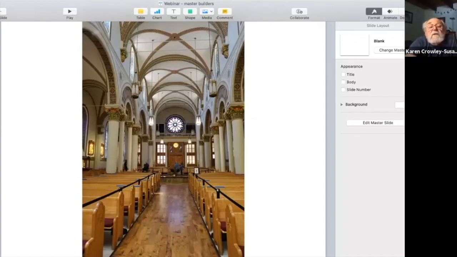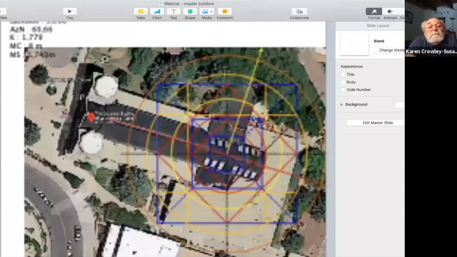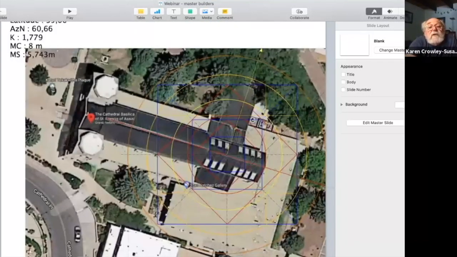Here we have the cathedral seen from above with the Google map, and you can see the orientation of the cathedral.